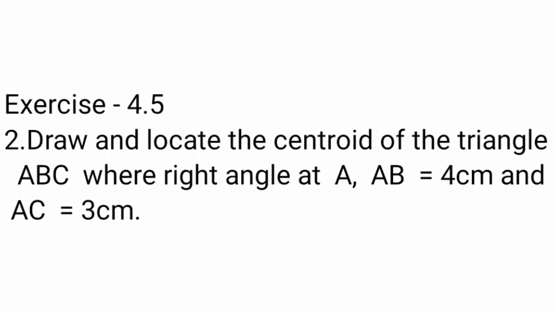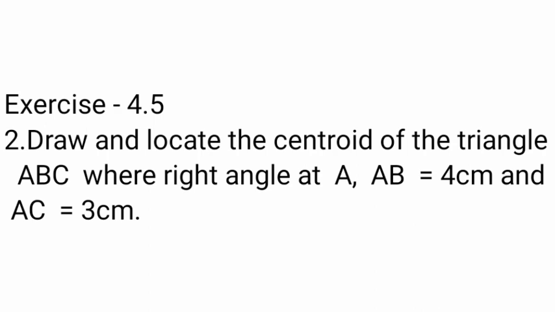First we draw the given rough diagram. Next main diagram: AB is 4 centimeter, therefore we draw AB 4 centimeter. Next the right angle at A means we draw an angle of 90 degree with the protractor.